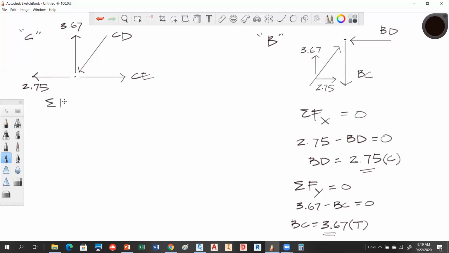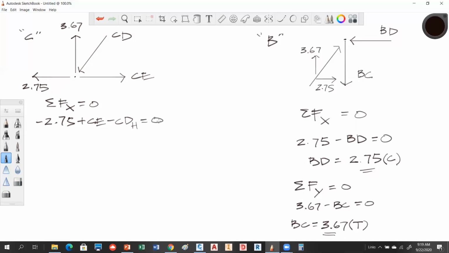So we got sum of forces in X have to equal 0. So in X, we have negative 2.75. That's coming from this guy right here. What else in X? We got plus CE, right? Plus CE, but then we'll have a negative CD horizontal.